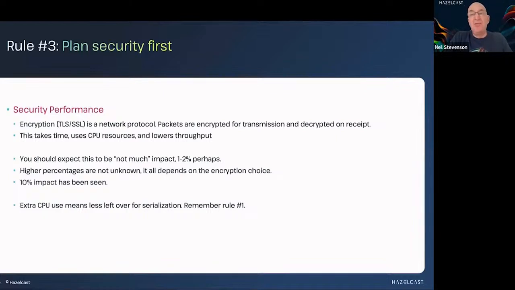We've seen it, generally it's low percentages, 1 or 2% maybe, but we have seen high, like 10% or so. And it's like, wow, that would be not good if you're a performance critical application. And obviously that's taking up your CPUs, which is back to serialization. You're going to need more CPUs and they're not free. So think about that to begin with.